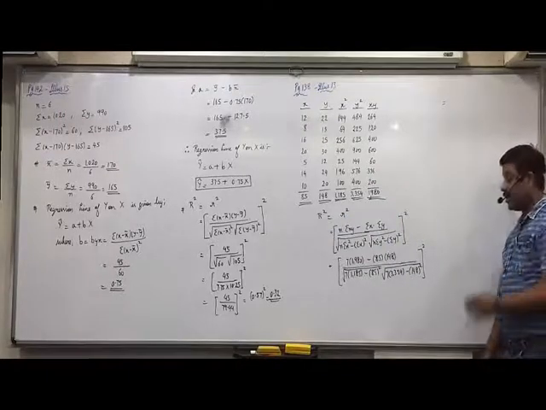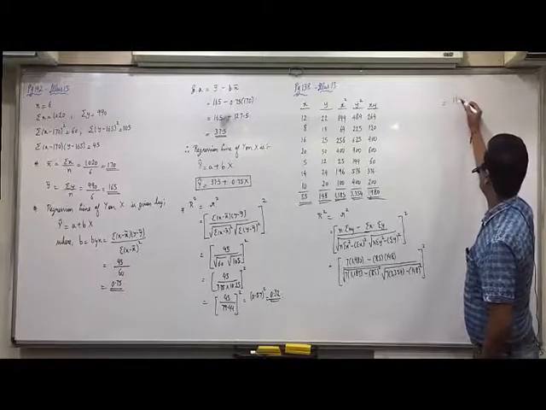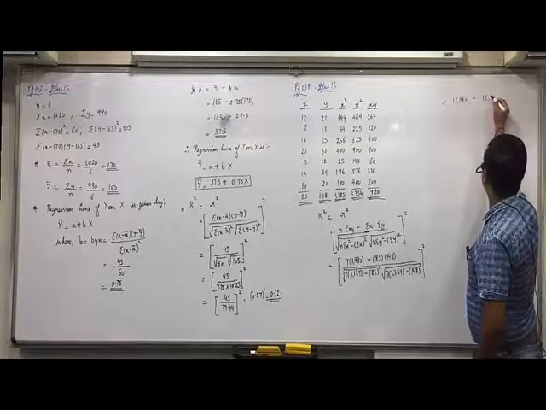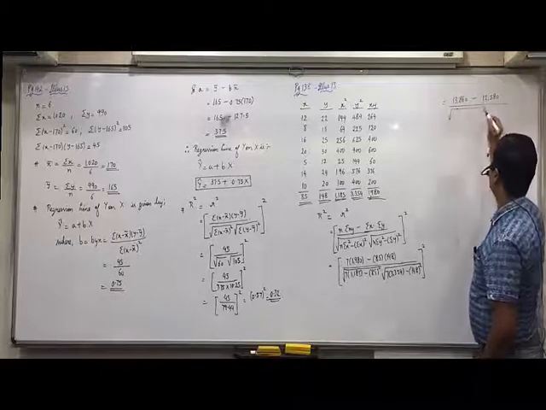Then first the numerator: 7 into 1980 is 13860, minus 85 into 148, 12580.